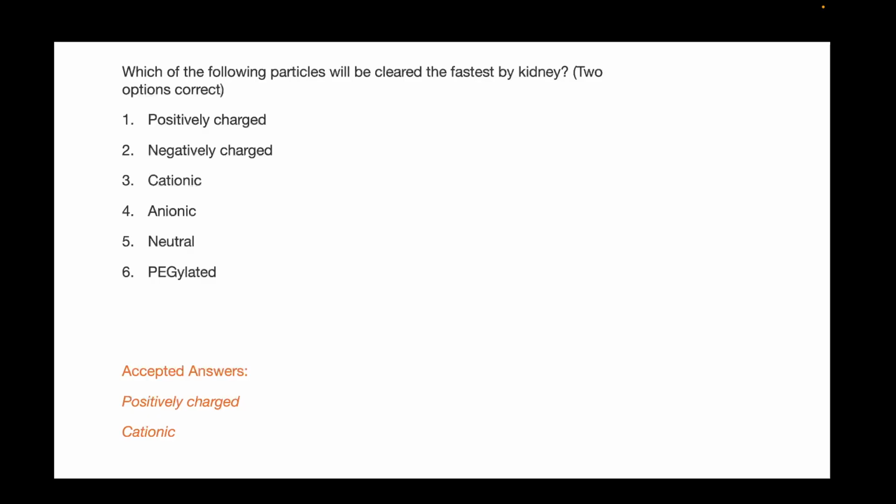So the correct answer will be option 1 and option 3, positively charged and cationic. And then the neutral particles will come next, and then the negatively charged or the anionic particles will come.